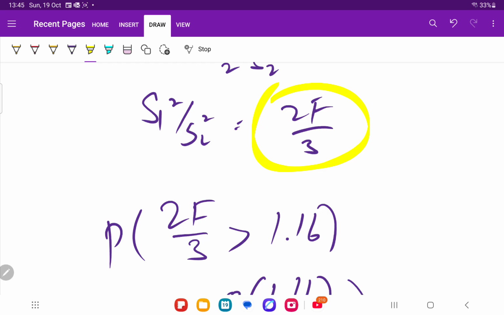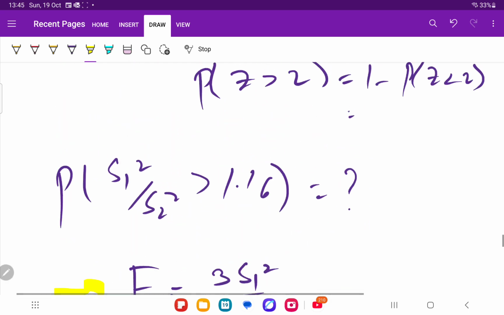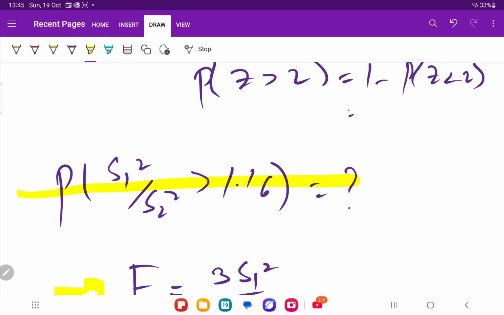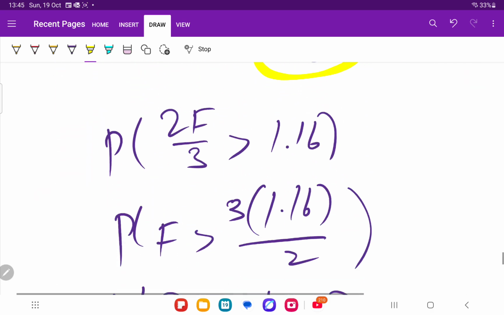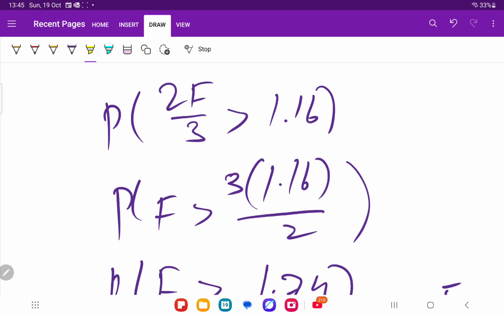So we will replace that with 2F by 3 in this given probability. Now we are getting everything in terms of F.